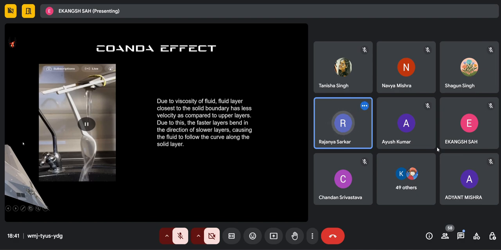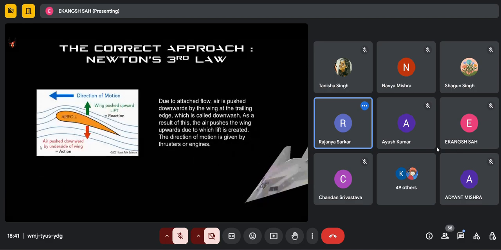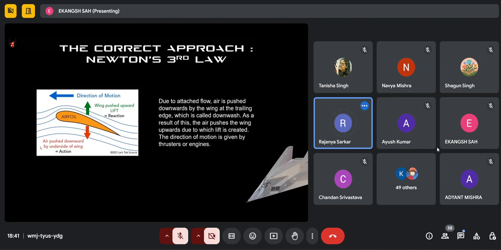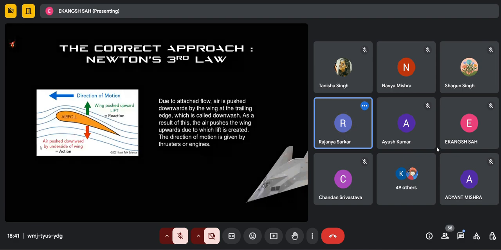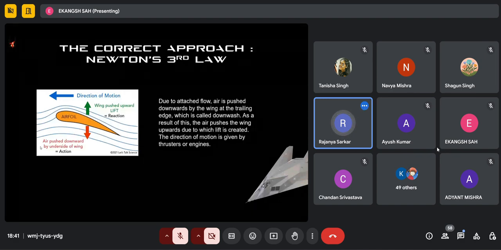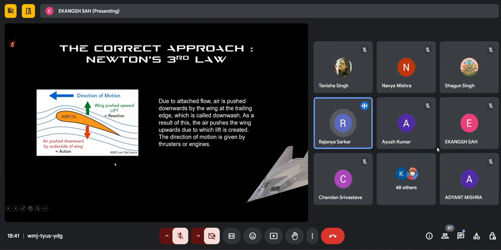And if we move on, we can see here how Coanda effect and Newton's third law explain the generation of lift. Basically, what happens due to Coanda effect is that the air is pushed down by the airfoil, and the reason the fluid flows along the curved surface is the Coanda effect.